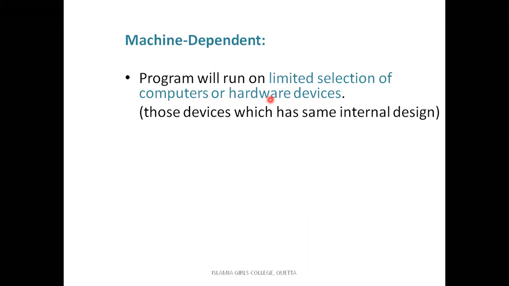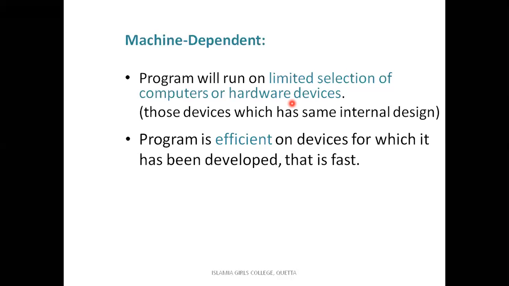It means it will run only on some specific computers or devices, those computers or devices which have the same internal design or architecture. By internal design and architecture, we mean the processor, registers, and memory. If the internal design is different, then the program will not run on such a device.